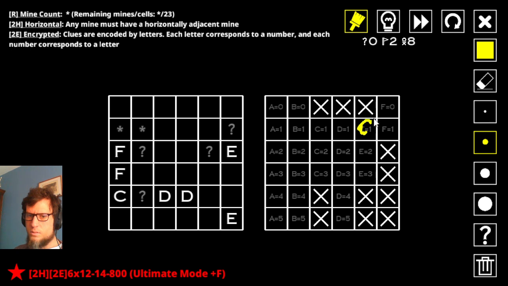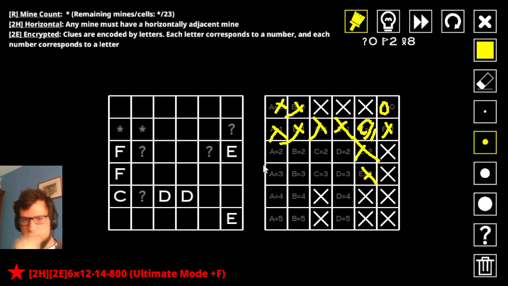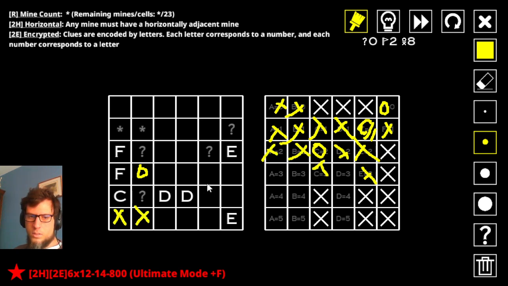If E has 1, then what happens? Then F is 0. And if F is 0, then C has to be 2, because it can't be 3. Which means this, and now at most one of these 3 has to be.